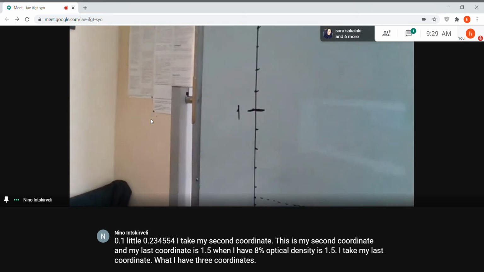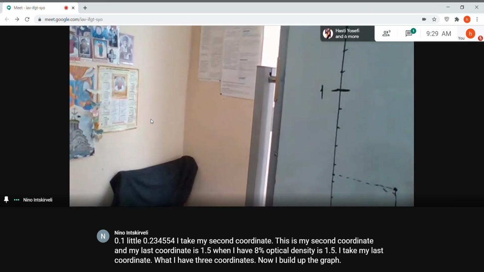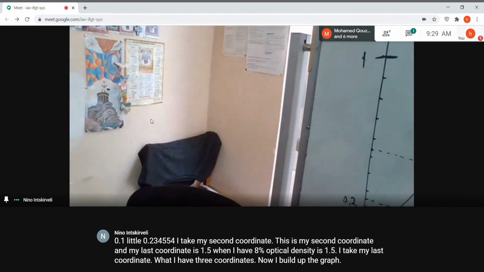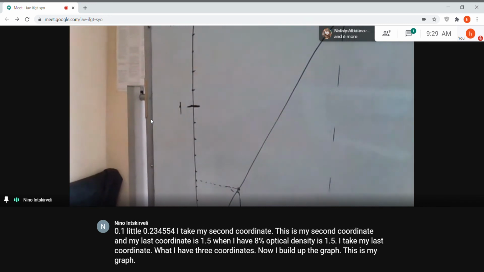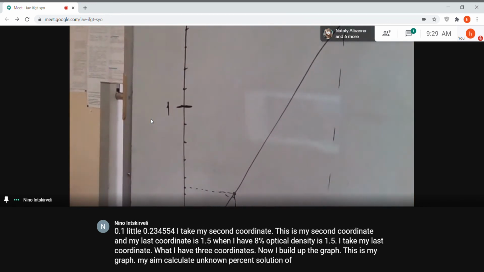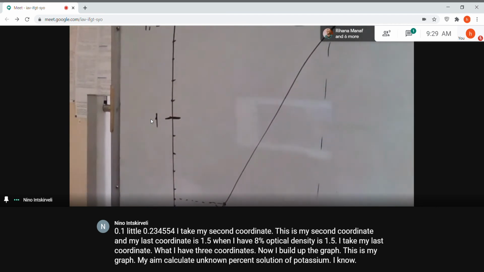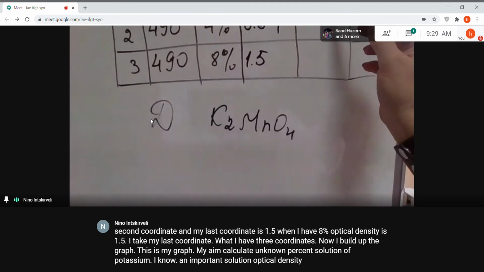Now I build up the graph. This is my graph. My aim, calculate unknown percent solution of kali potassium. I know the unknown percent solution's optical density is 0.4.